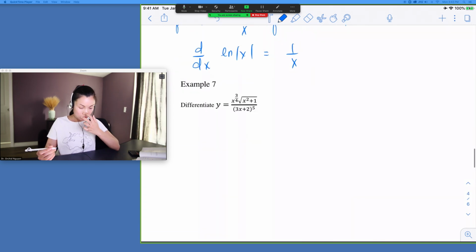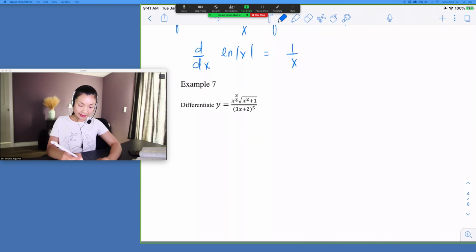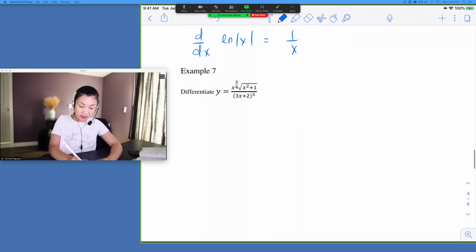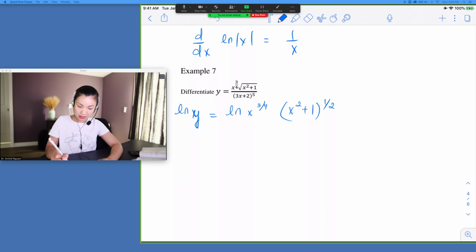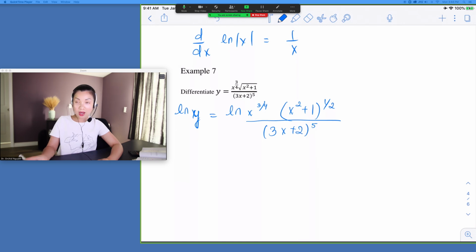All right, so if I apply ln on both sides, square plus 1, you know what, I'm just going to rewrite and then make that to the 1/2 like this, over 3x plus 2 to the 5th power.